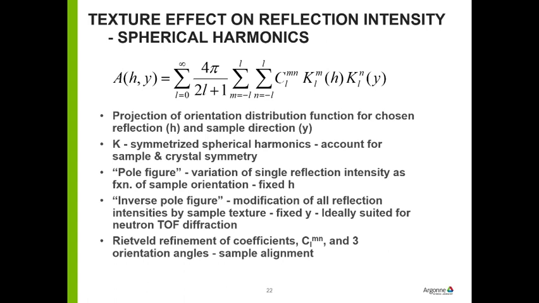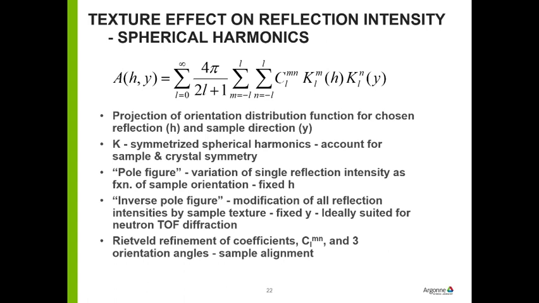So what is this thing? Well, first of all, these two terms are spherical harmonics that are used to describe the texture. One of them is associated with the crystal structure symmetry, and the other one is associated with the sample symmetry. So these two are both limited by the respective symmetries.